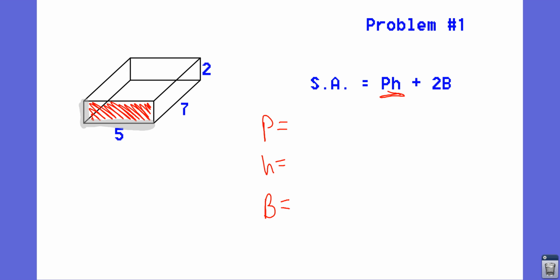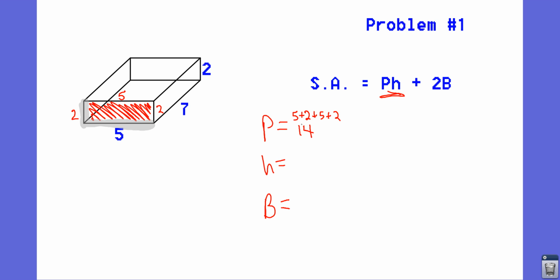It'll tell you the two numbers you're dealing with, 5, and this section over here is 2. So 5 and 2, and then just add up all the sides. 14. And it's okay to write 5 plus 2 plus 5 plus 2. And then 7 and 7 is 14.